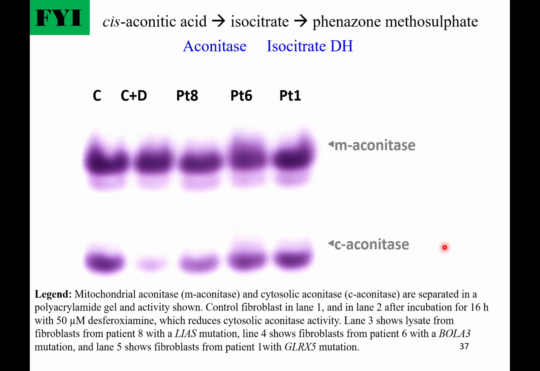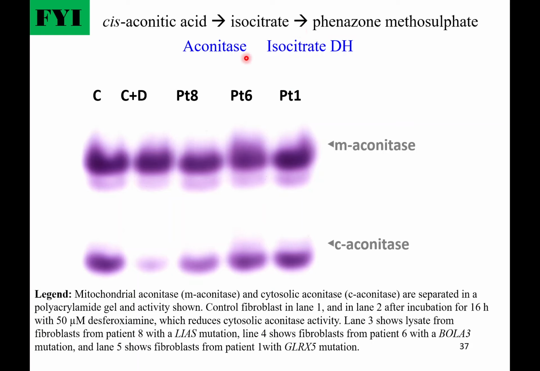Okay. Just a little aside, I've used this enzyme aconitase in a gel activity assay where you combine cis-aconitic acid, isocitrate, and then a phenazine methosulfate, and then you see how active. You also use isocitrate dehydrogenase, right?